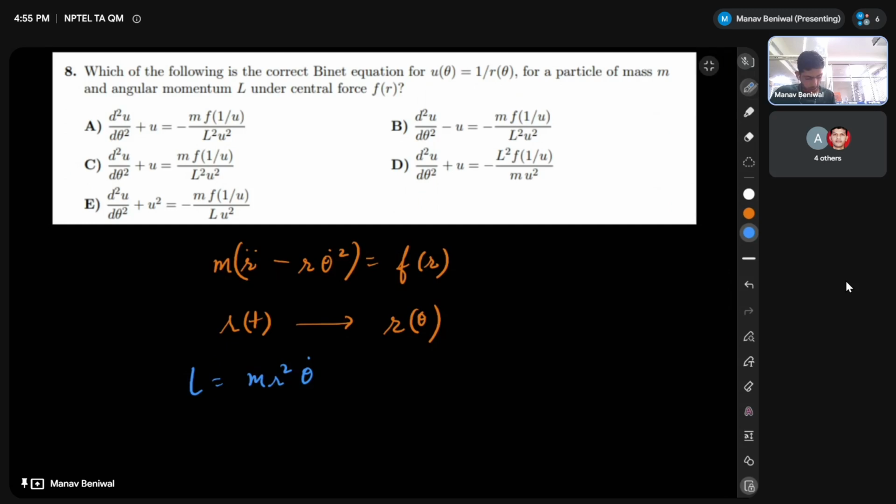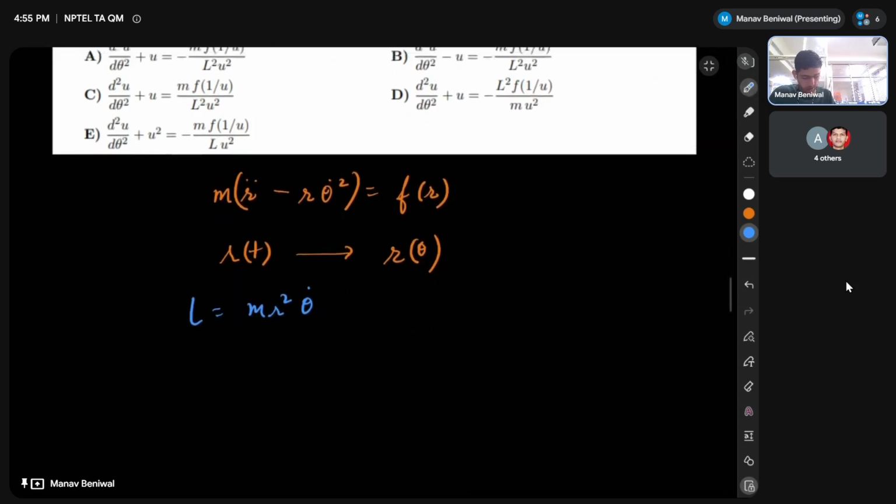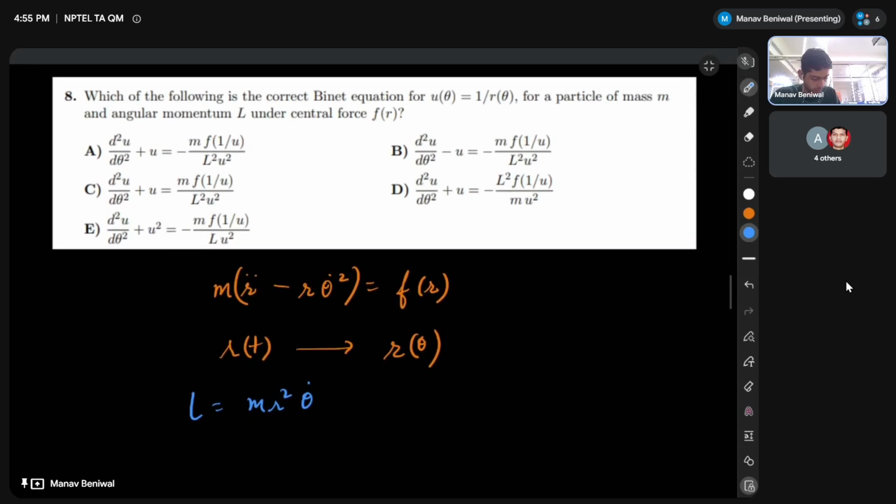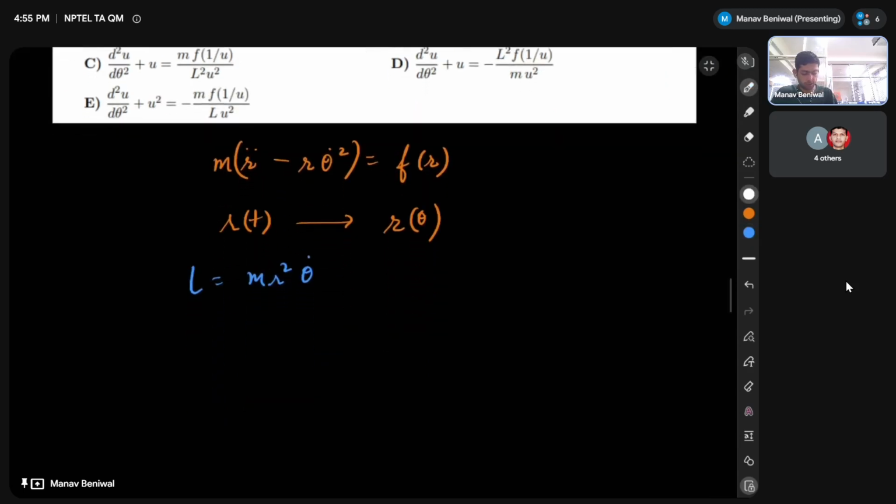So now, it is given here u of theta is equal to 1 over r of theta. Let me substitute this. So if I substitute my u of theta as 1 upon r of theta, I'll get r is equal to 1 over u.